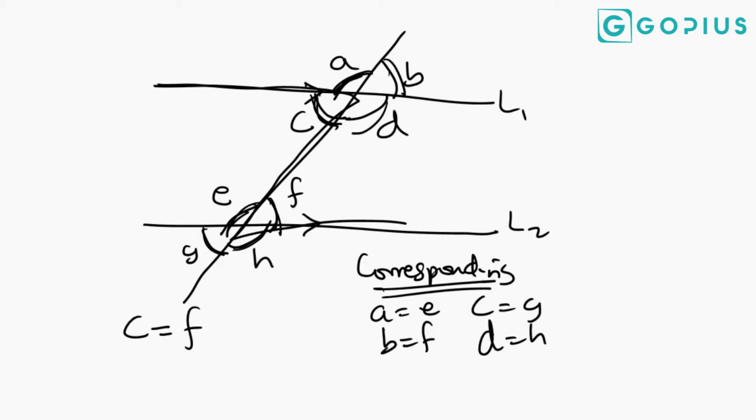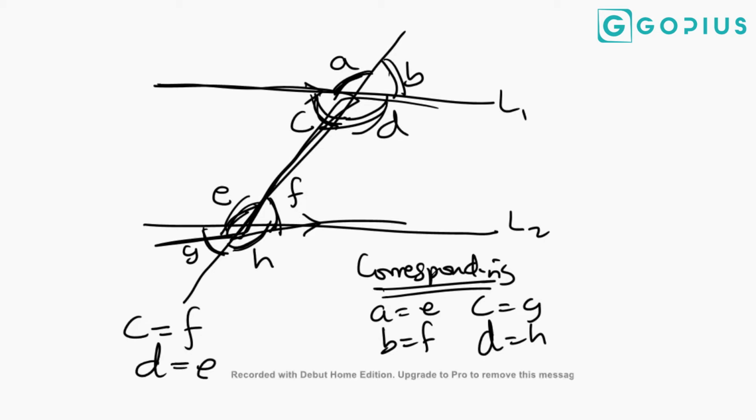And if I draw it in the reverse direction like this, what is here, called D, and what is here, called E, are also equal. So D is equal to E from this diagram. This is what we call alternate angles, like a Z. What is here and what is here are equal. If you draw it this other way, what is here and what is here are equal. We call them alternate angles.